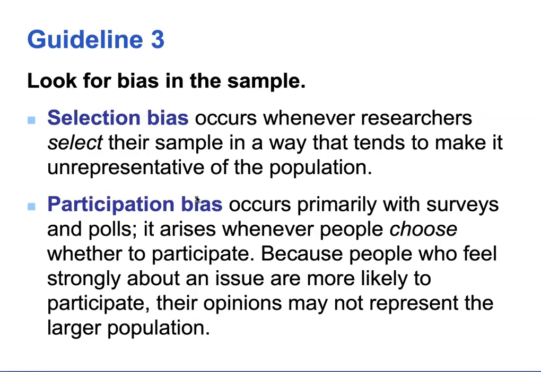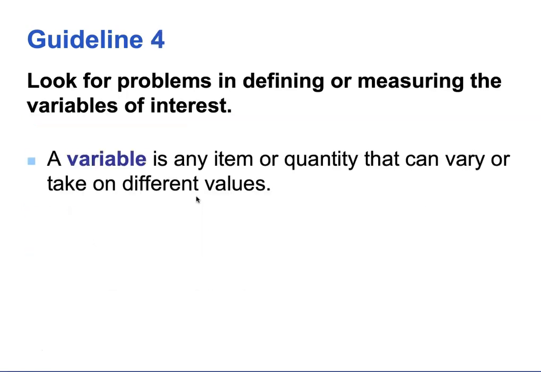This one, you send out something, I know there are things in the mail that you can fill out, surveys and stuff. That would be participation bias, because people are going to choose not to do that unless they feel strongly one way or the other, and then they'll participate. And sometimes participation only happens if they get a benefit, a free gift card or free food or something like that. They get paid for it.